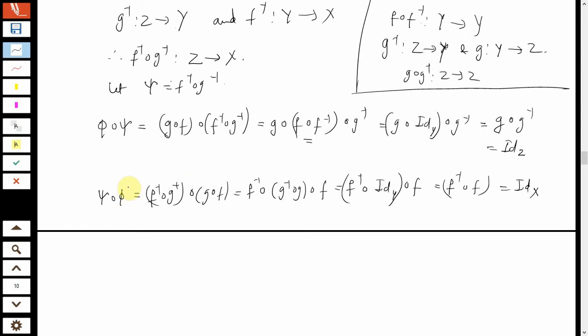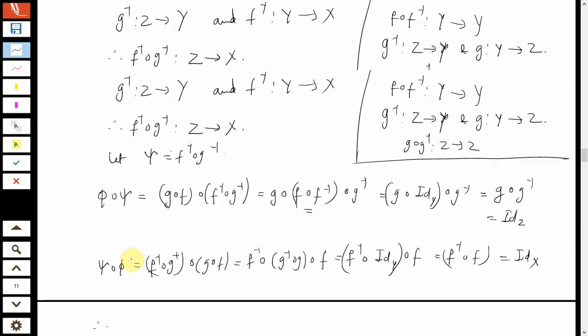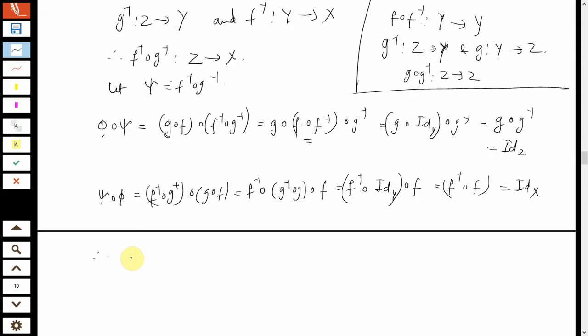And therefore, by the above property, I see that psi is the inverse of phi. So hence we claim that psi is in fact the inverse of phi.